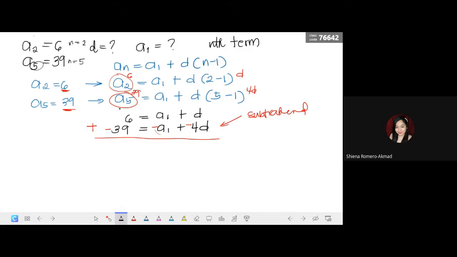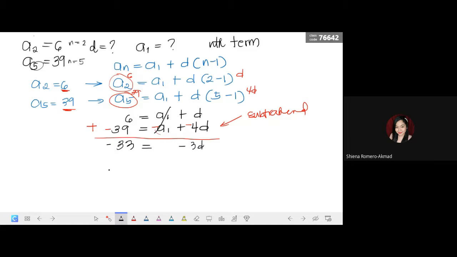Okay? Next. So, ang mangyayari dito, magiging 6 plus negative 39, which is negative 33. Ito, 0 na yan, because a sub 1 minus a sub 1 is 0. Then we'll have here 1 minus 4. That gives us negative 3.